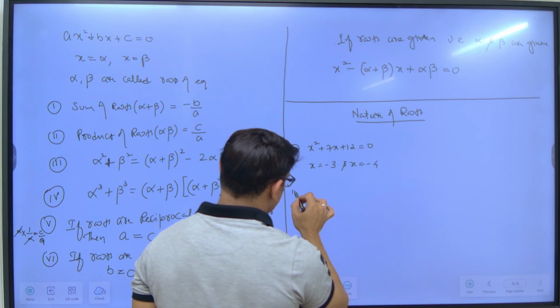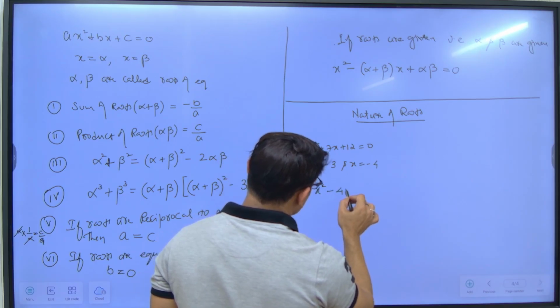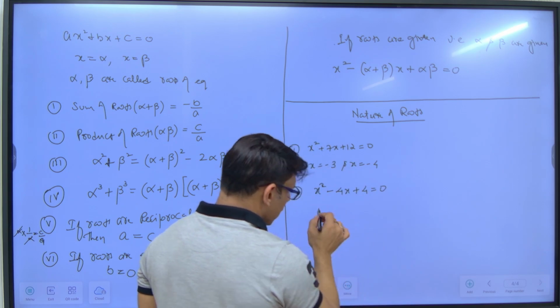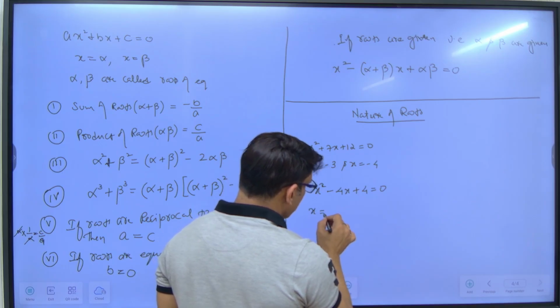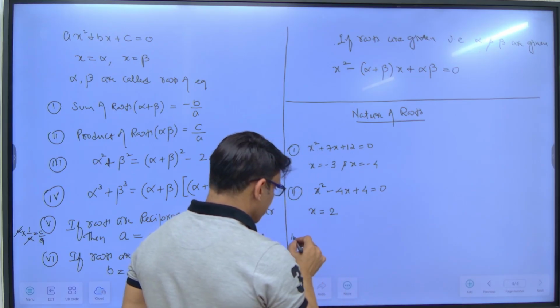The other one which we solved, x square minus 4x plus 4 is equal to 0, when we solve this quadratic equation, you got only one value of x. Actually, you got two values, but both values are the same.